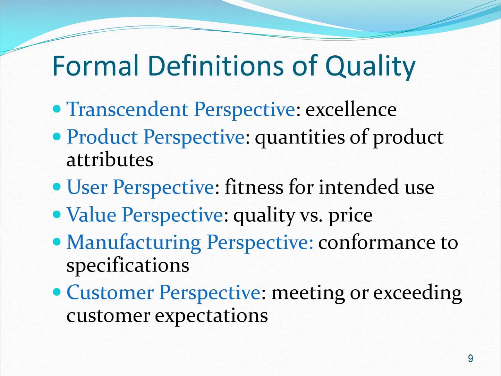Will it do what it's supposed to do? Can it fulfill the customer's expectations? And then we have the customer perspective, which is, do we meet or exceed what the customer wants from the product or from the service.